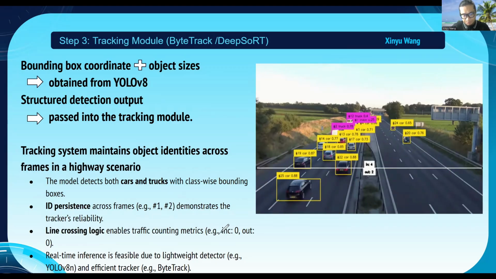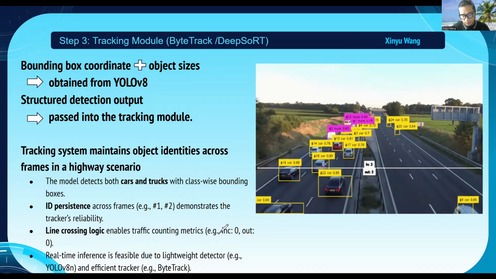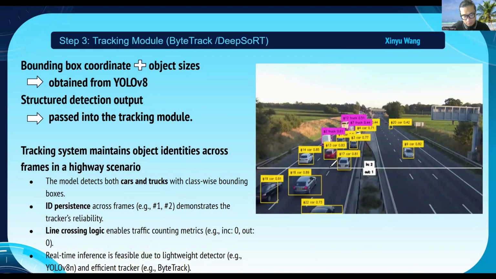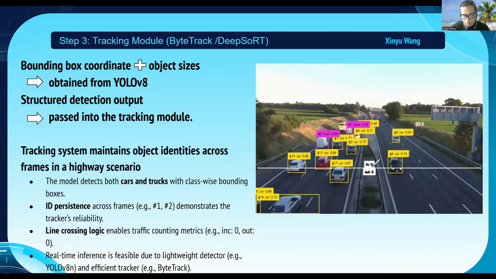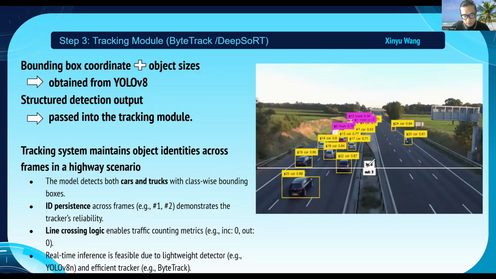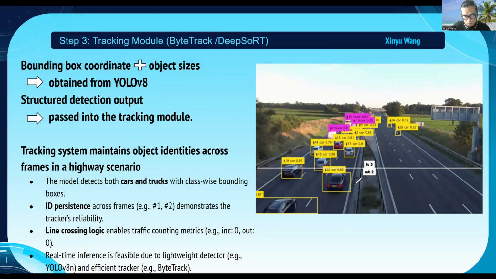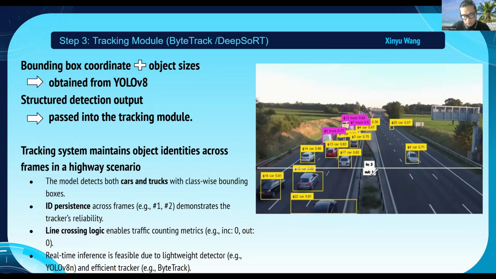So this model does both detecting the cars and vehicles, and ID persistence across the frames, with number 1, number 2, demonstrating the tracker's reliability and the crossing logic. It enables traffic counting metrics.